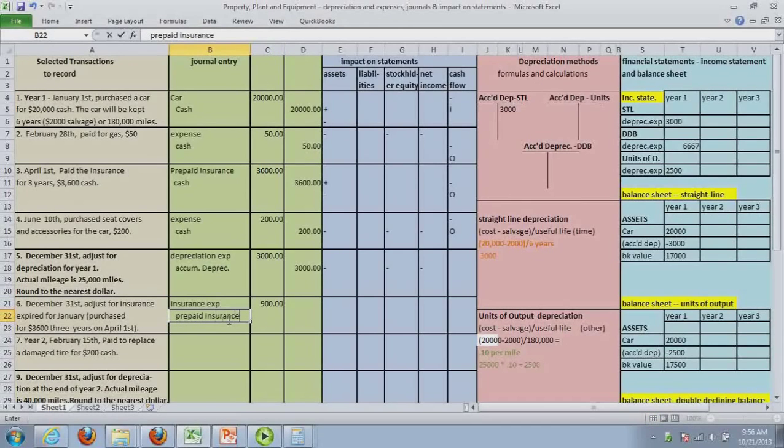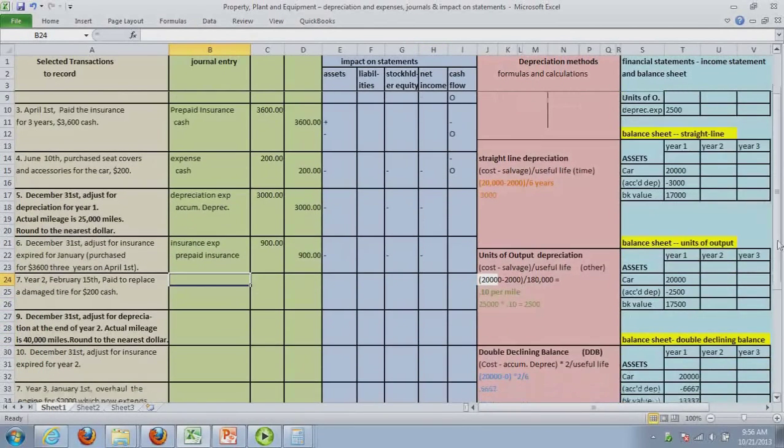Next year then we'll have a full year, but this time we only have a partial year. Though I don't know what we did the first half, first couple of months, but that's okay, won't worry about that. So your assets go down, retained earnings goes down, profits go down, and no cash. It's an adjusting entry.